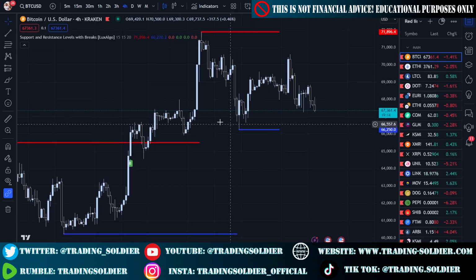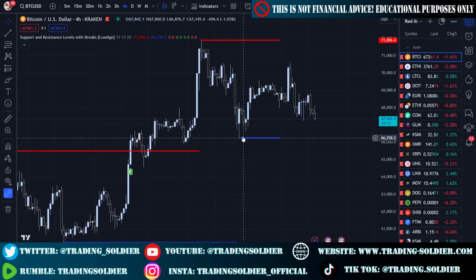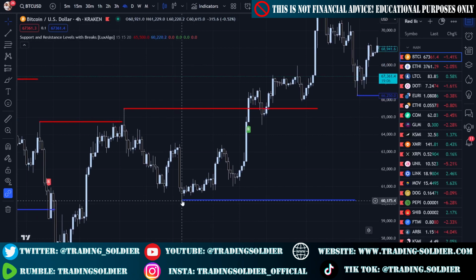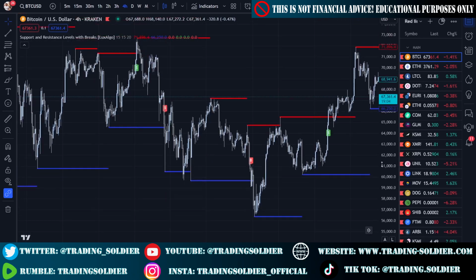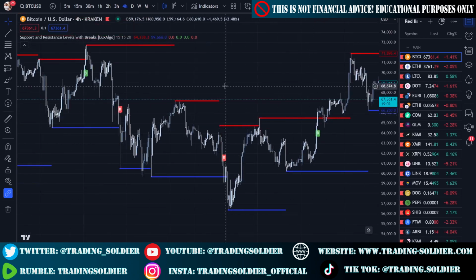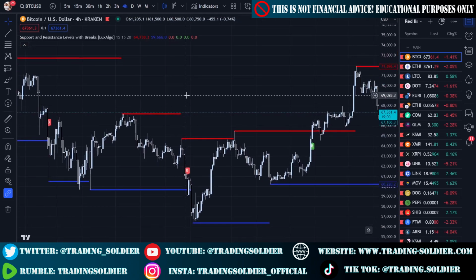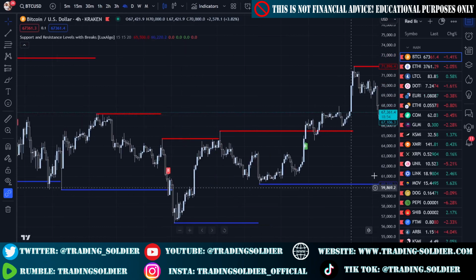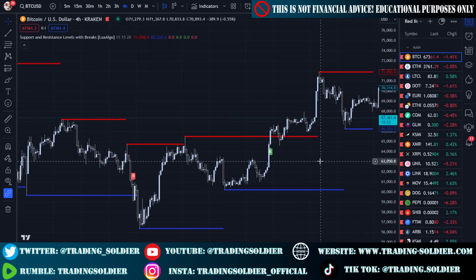So as you can see here, the last swing low is this one, and the last swing high is this one. On the other hand, the last swing lows that we can find are this one and this one. So basically, this indicator is highlighting in the chart, in the time frame that we are selecting, the last swing high and the last swing low of the price action of the asset.